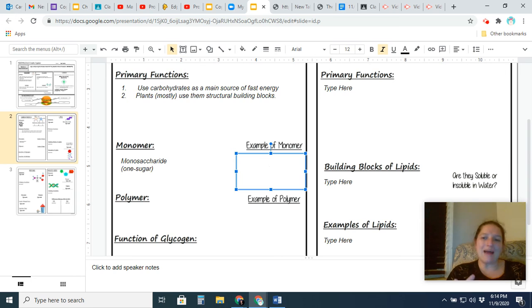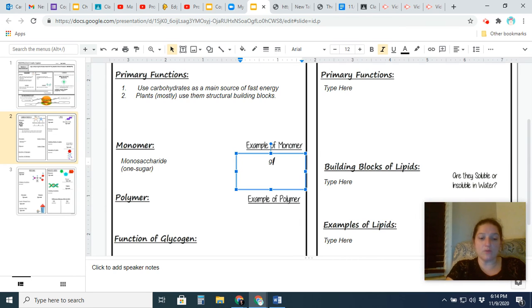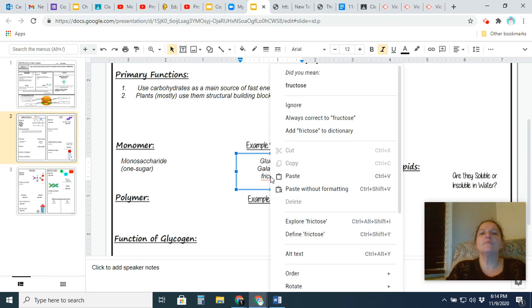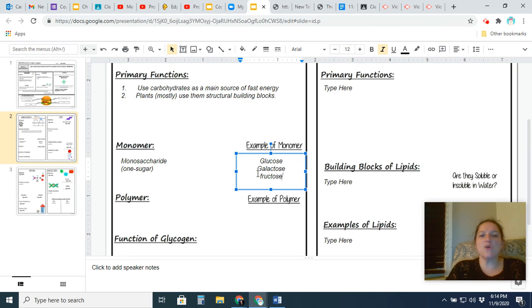Examples of these monosaccharides, one or single sugars, we have glucose, which is probably the one that we talk about the most in biology, galactose, and fructose, which I spelled wrong. That's okay. Okay, so I want you to take notice real quick.